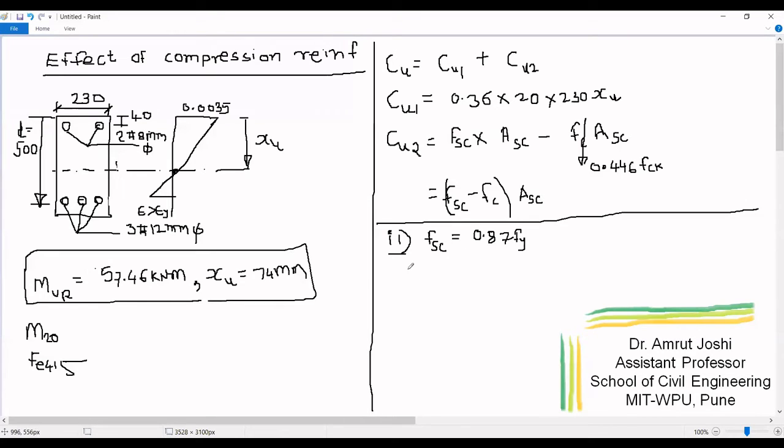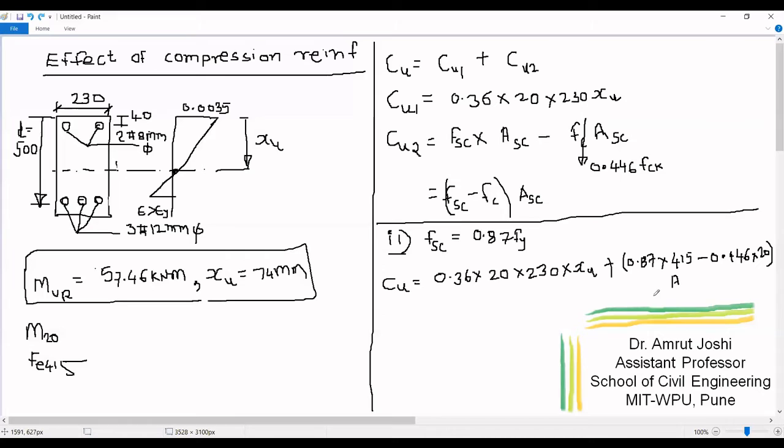So I can write down Cu as 0.36 FCK B XU plus 0.87 into Fy minus 0.446 into 20, this multiplied by area of compression steel.